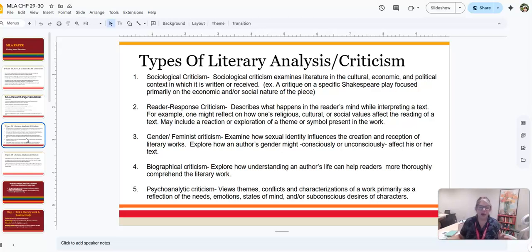Okay, so the first one is a sociological criticism. Say you read the book and you're really interested in Victorian society and how they reared children. You know, poor Miles got sent off to school. Flora's at home with a governess, so that's very different than how we work today.